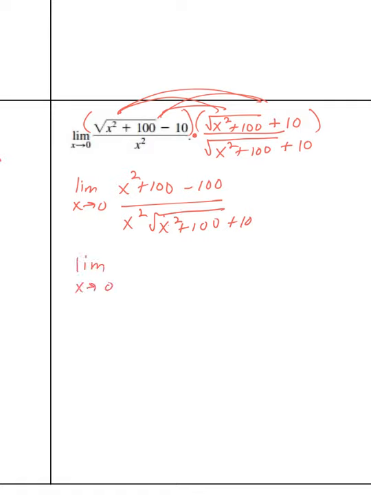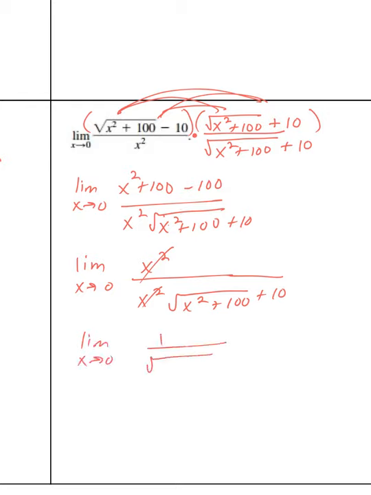On the top, I get x squared. Thus, the x squares can cancel. And so we've reduced the fraction.